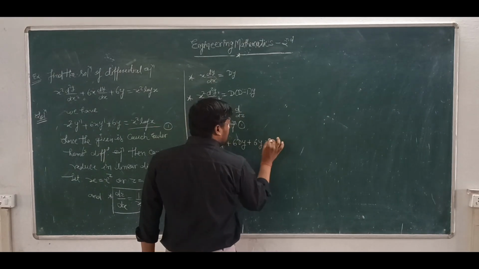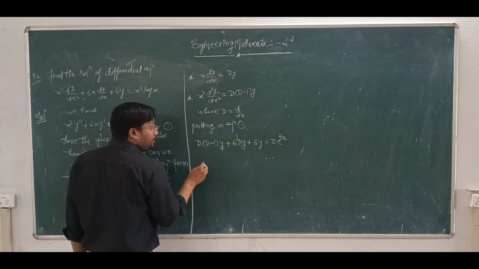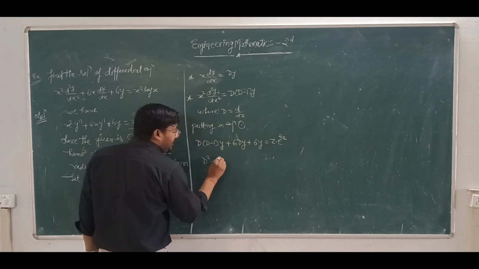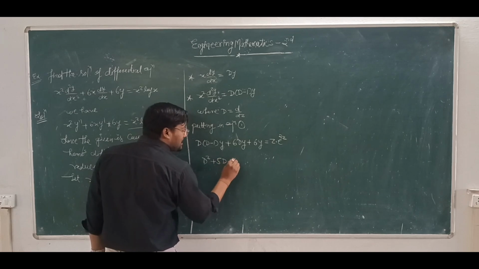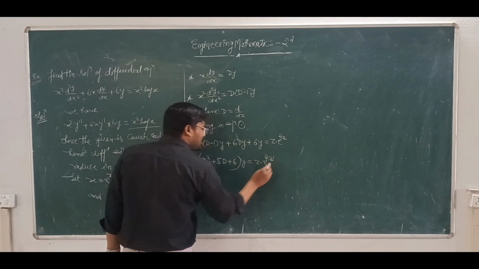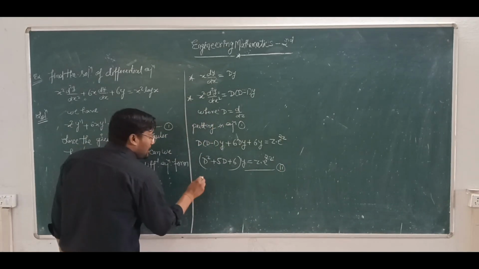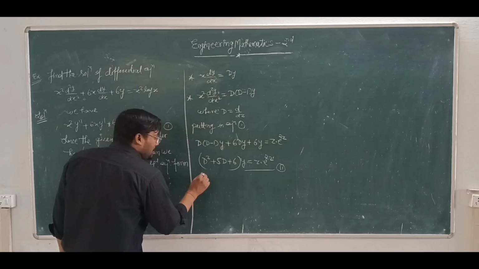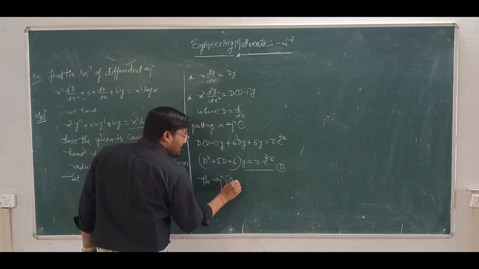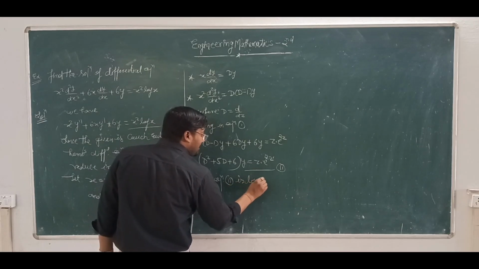Now put the value of log x, this means z into e to the power 2z. Now you can write (D squared plus 5D plus 6)y is equal to z into e to the power 2z. This is equation number second. The equation number second is a linear differential equation.